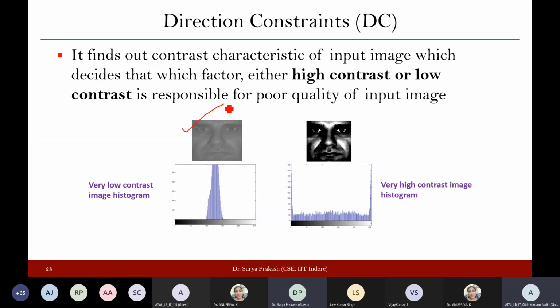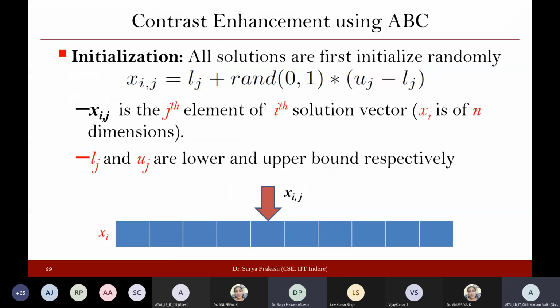But when you have a poor contrast image, either the histogram will be accumulated at one place, meaning all the pixels will have similar intensity, or you will have accumulation at the extreme ends. In both cases this is poor contrast, and that gives us a bad quality image. So if you can find out what kind of histogram the image has, based on that we can initialize the solutions properly.